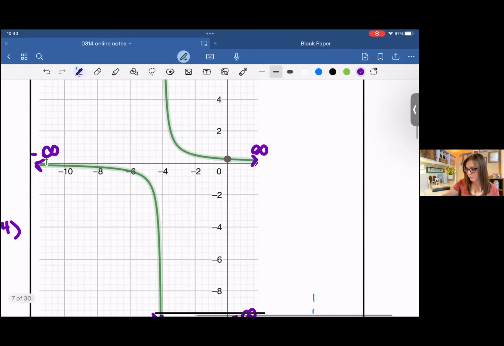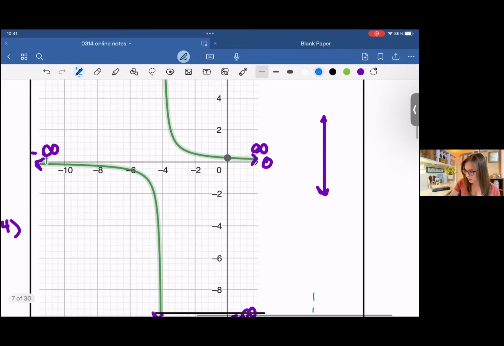It looks like there's a break here at 0. So kind of like what I drew before with the number line for x, we've got this discontinuity at 0. We call that a horizontal asymptote. So the first one was a vertical asymptote. This one's a horizontal because we're talking about y. Again, that's not the point of this lesson, but you will definitely see it in the future if you go on in algebra.